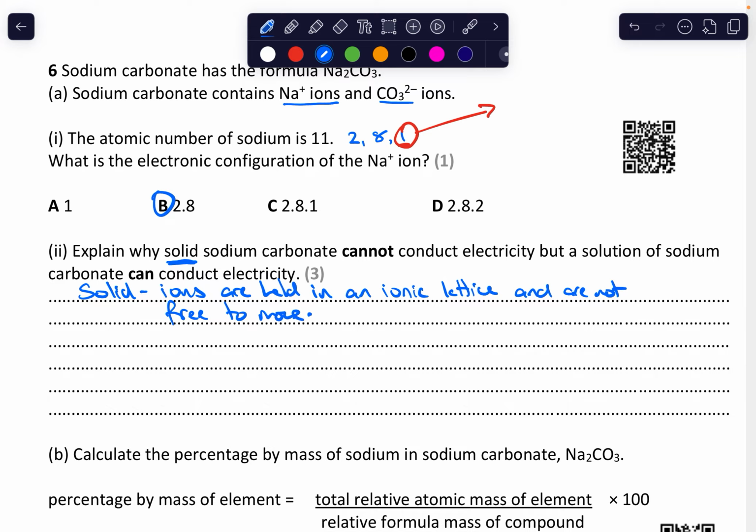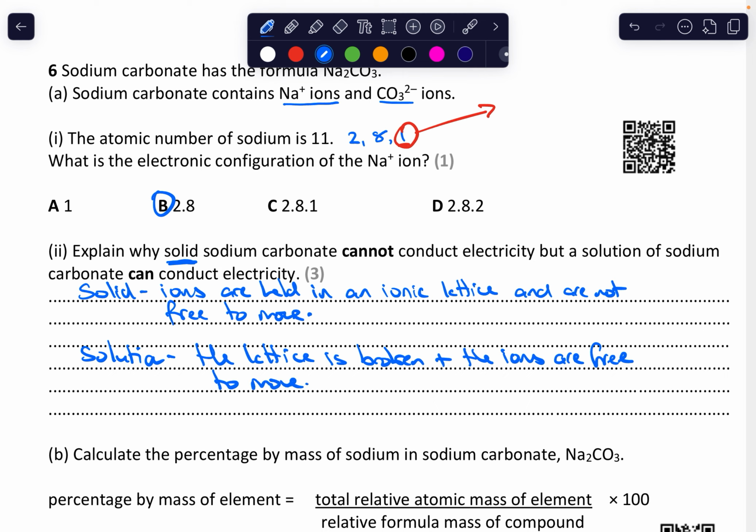Okay, if we have the solution, then the lattice is broken and the ions are free to move.